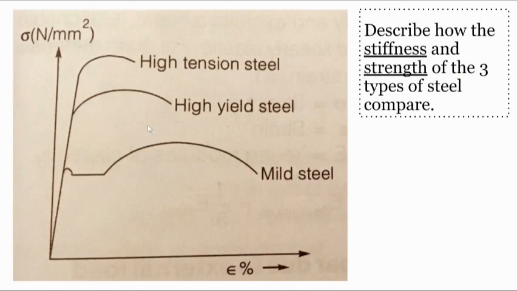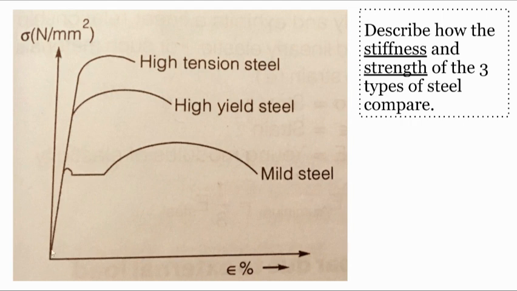So let's practice with those properties and using a Young's modulus or stress strain curve. Take a second and describe how the stiffness and strength of the three types of steel would compare. Hopefully, you remembered that stiffness is measured by the linear portion of the stress strain curve.